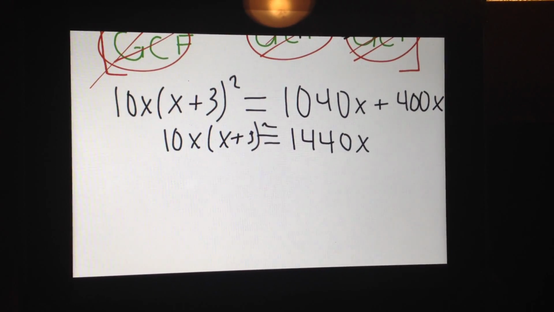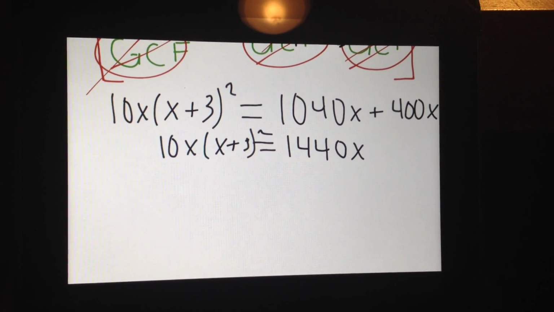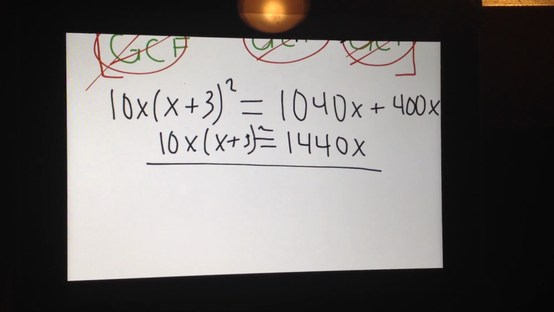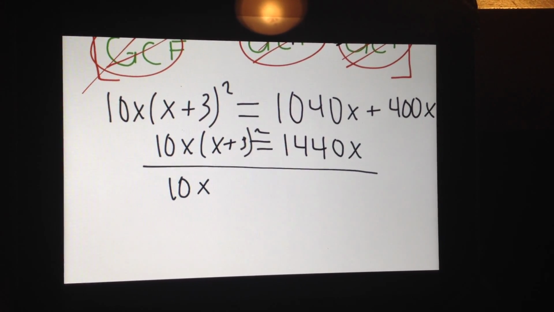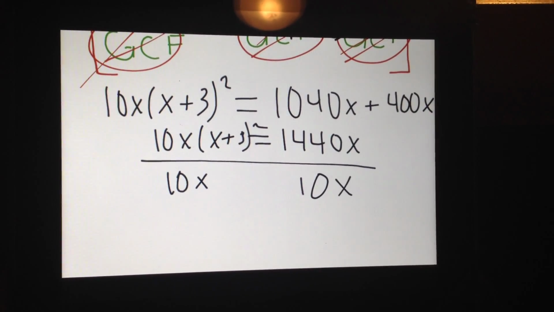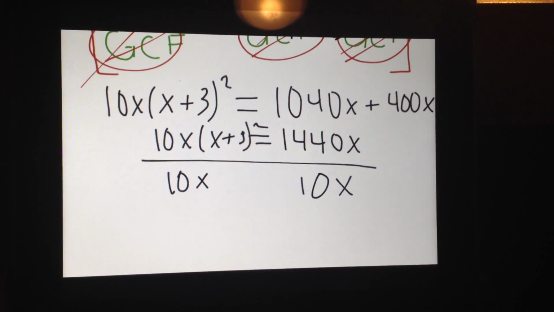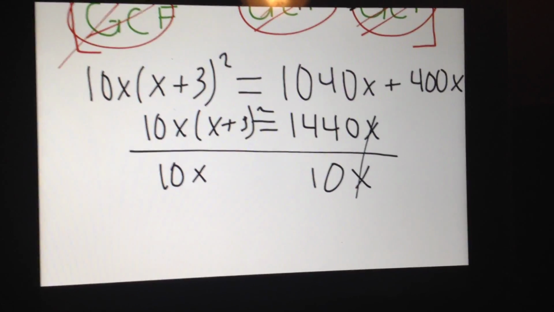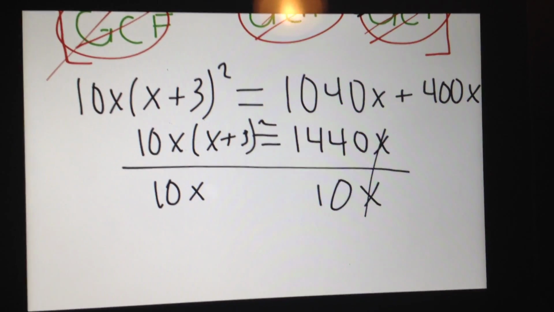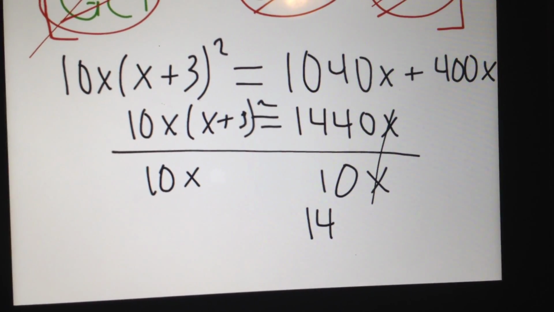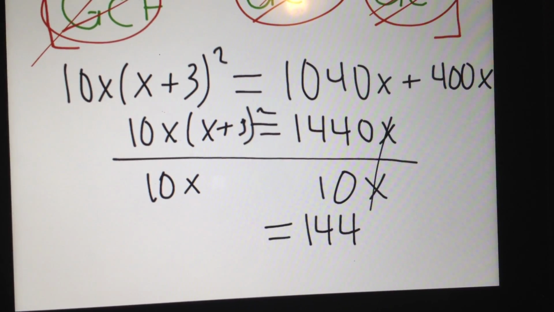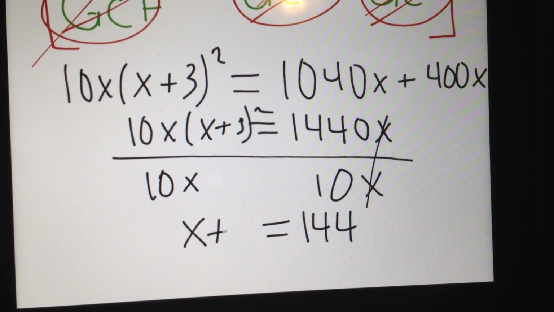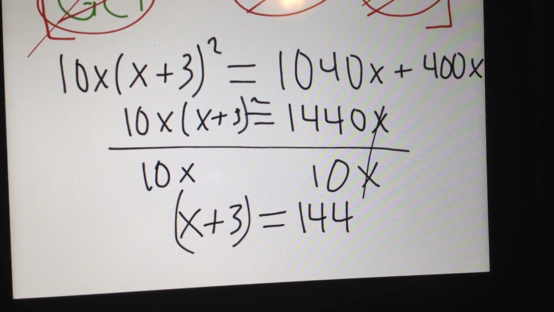Next, I'm going to divide both sides by 10x. So first these x's cancel out, and then 1440 divided by 10 is 144, and it's going to equal the quantity of x plus 3 squared.